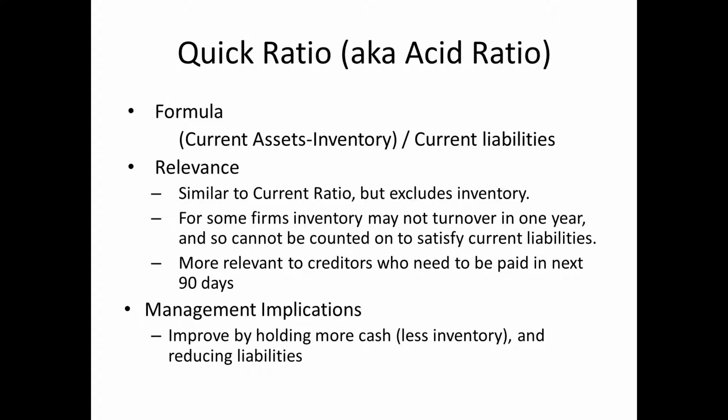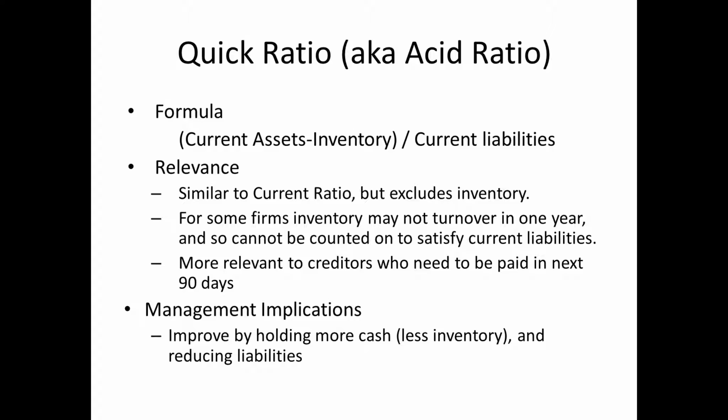The next ratio is the quick ratio, sometimes called the acid ratio. In this one, you don't count the inventory, so it's really just cash and accounts receivable, usually over current liabilities. And so this is an even more short-term sort of thing. Typically, a company's accounts receivable policy might be 30, 60, maybe out to 90 days, usually not much longer than that.